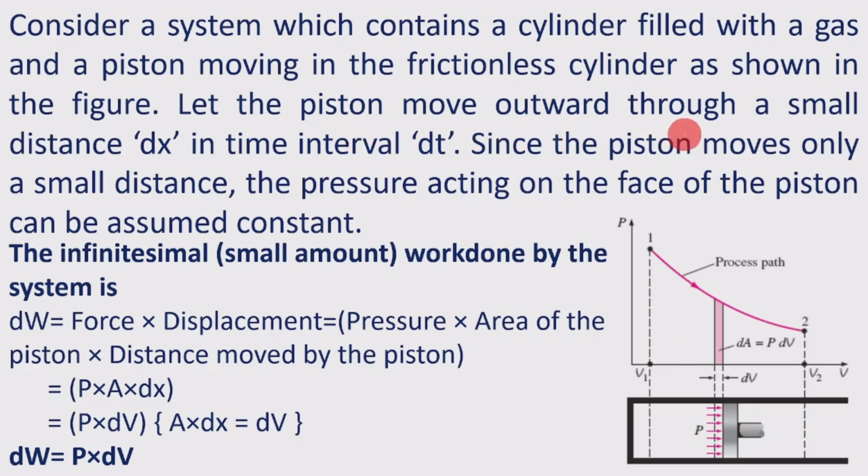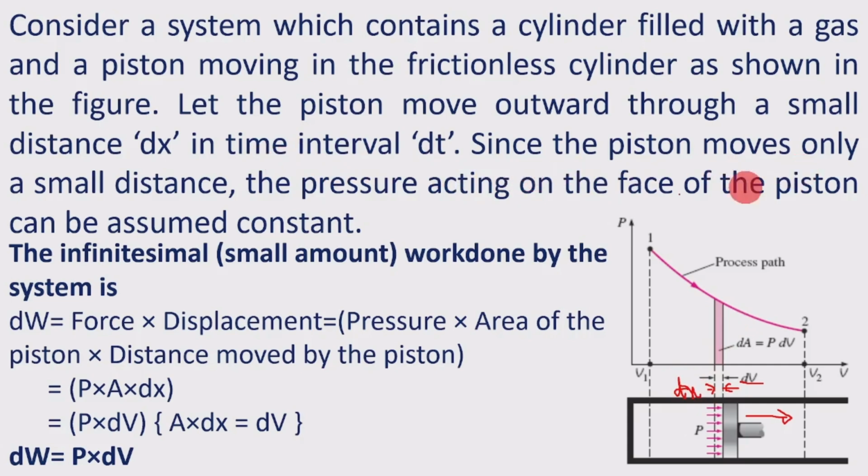Let the piston move outward through a small distance dx. That distance we are going to take as dx, and if we multiply it with the area, we get dV as the total volume change during that process in a time interval dt.